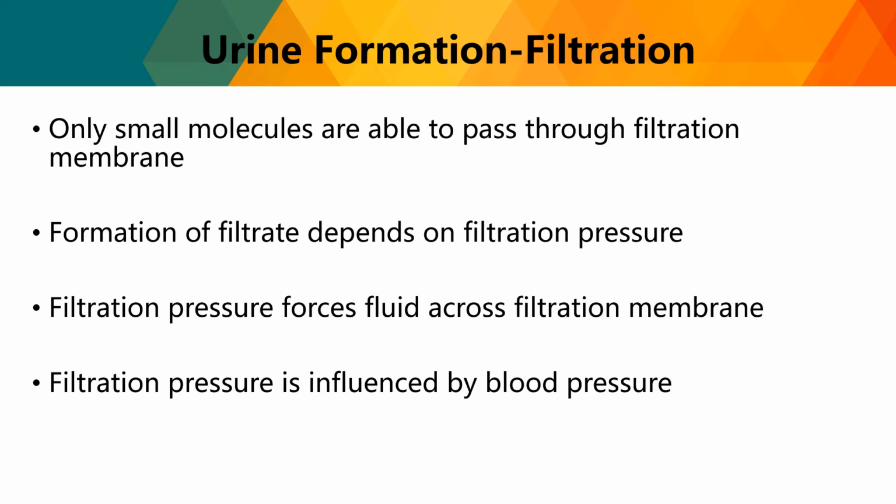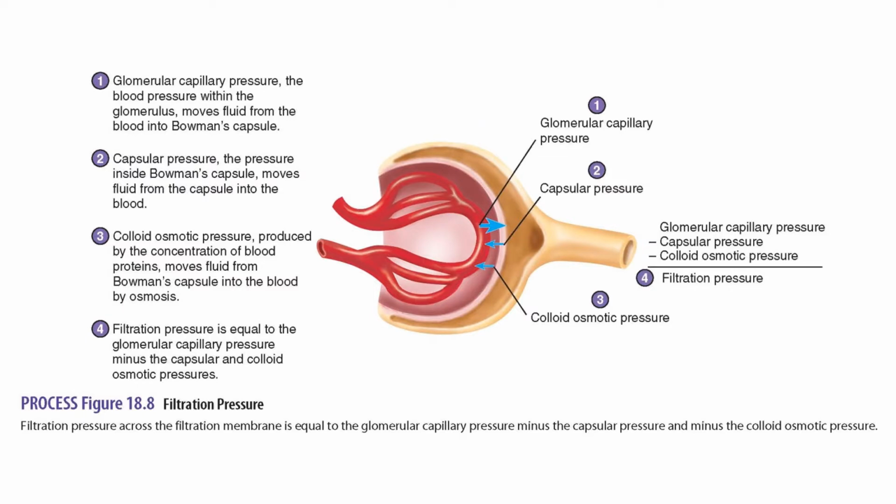Only small molecules are able to pass through the filtration membrane, and the formation of filtrate depends on the filtration pressure. The filtration pressure forces fluid across the filtration membrane, and filtration pressure is influenced by blood pressure. This is how it looks.